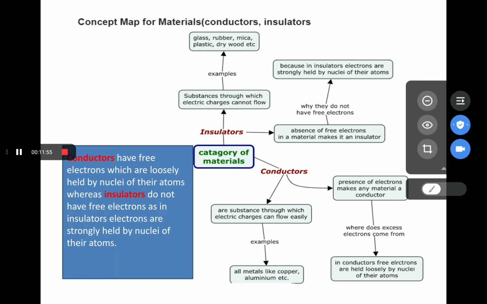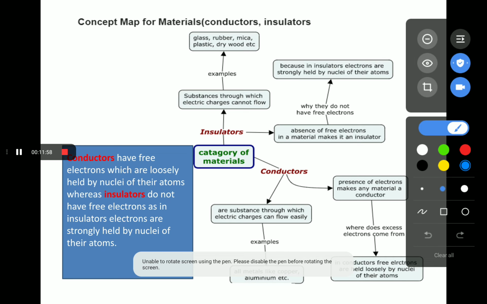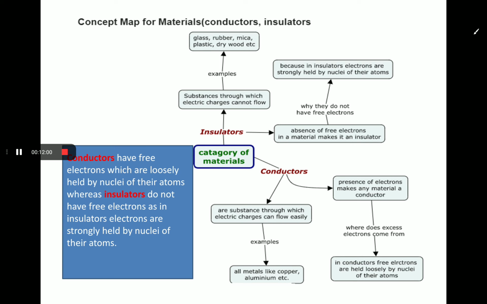In the next slide, there is again a map. In the map, here are the conductor and the insulator, and these are the two categories of material. Conductors are substances through which electric charges can flow easily.